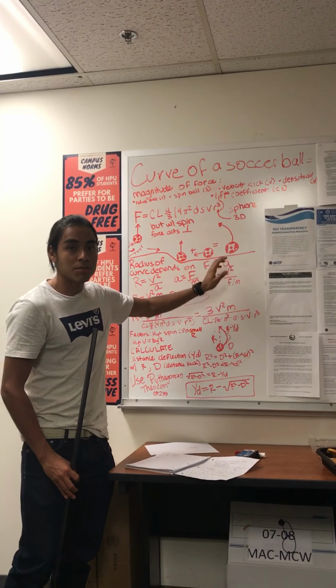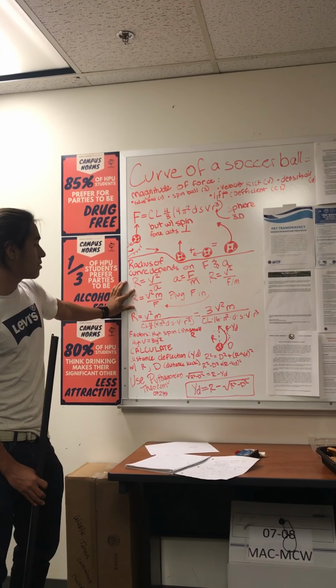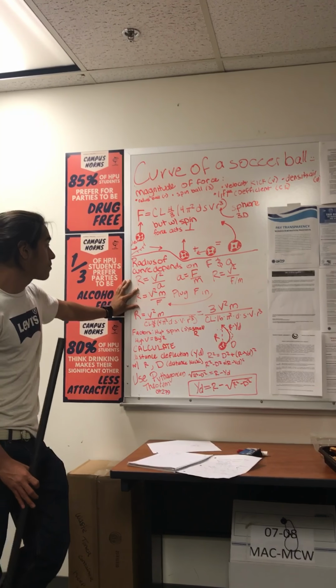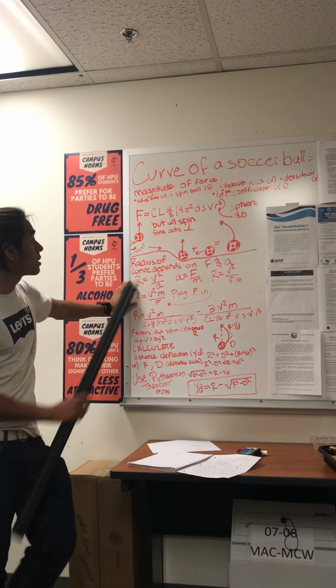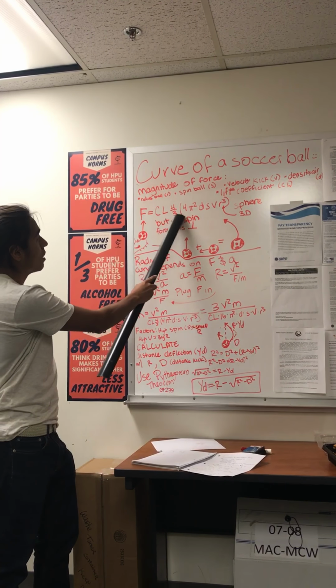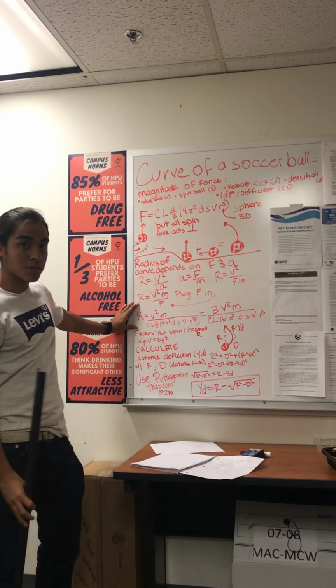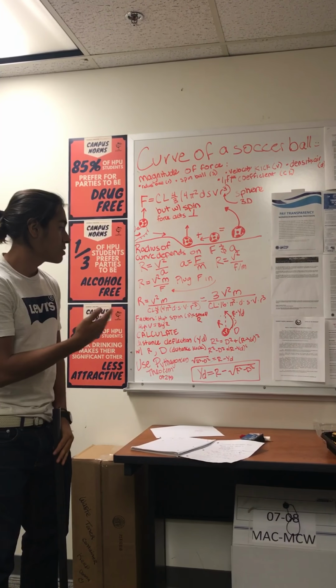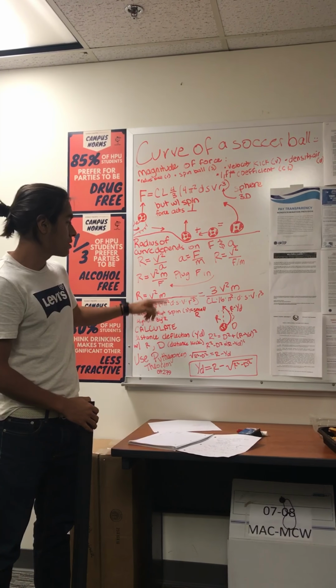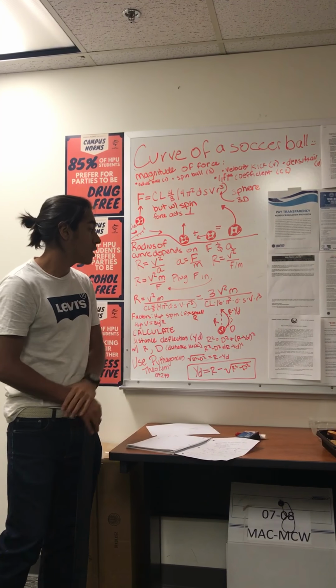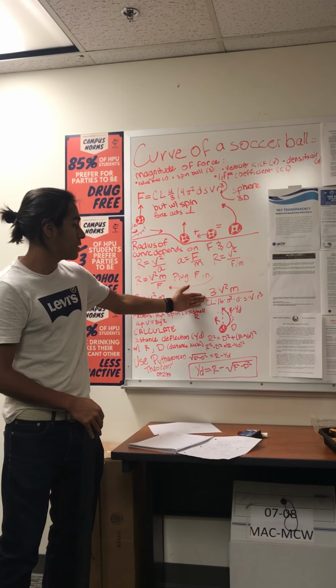You can bring m to the top to get this right here for the radius of the curve. But when you plug in F, you get this big equation right here, and then you just do a little bit of algebra, bring the 3 to the top, the 16s multiply, and then you get this right here.